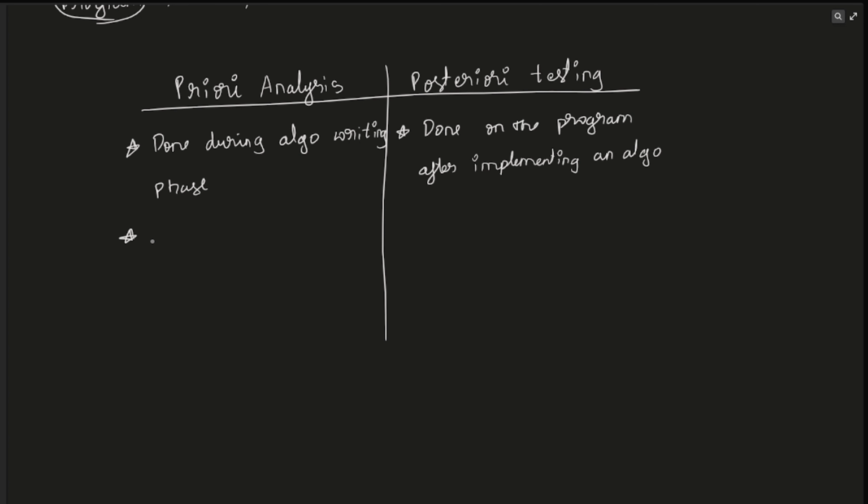The algorithm can be written in any language and it is language independent. Whereas a program should be written in a specific language, so it is language dependent. Why?